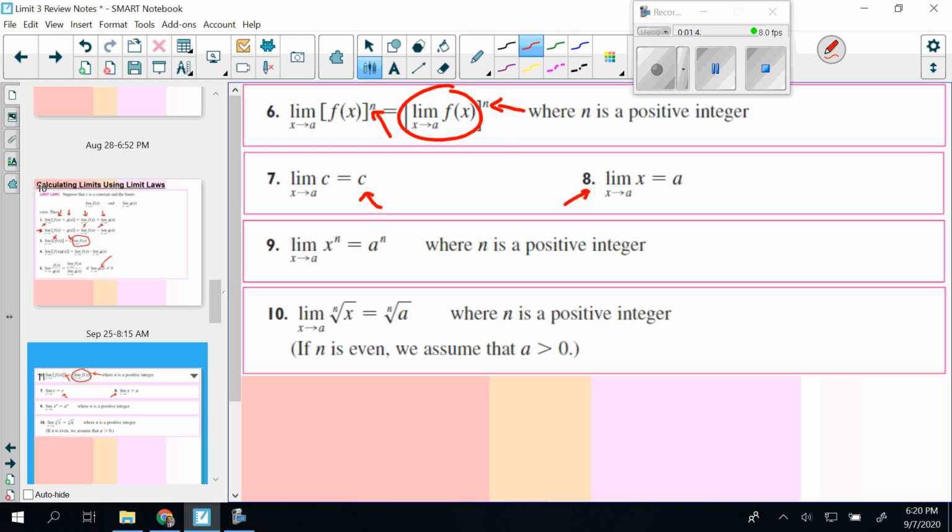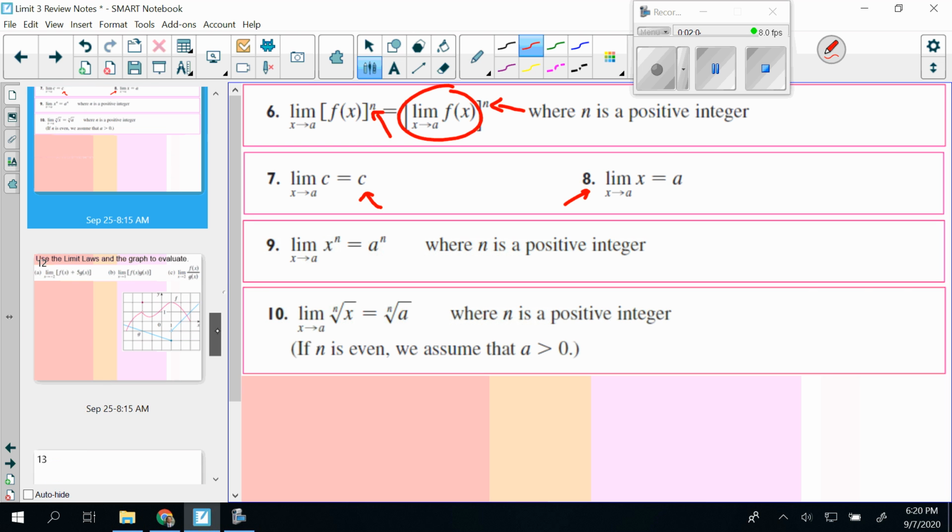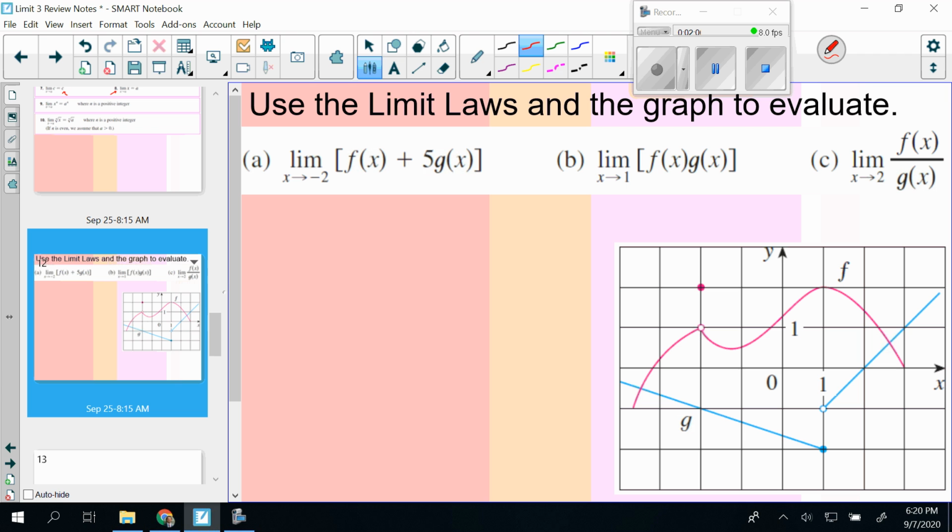Number 8 is pretty self-explanatory. If you have the limit of the function x as x approaches a, it's going to equal a because it's a continuous function. And then any exponents or square roots, which we know are also exponents, will also work if you are approaching that value.